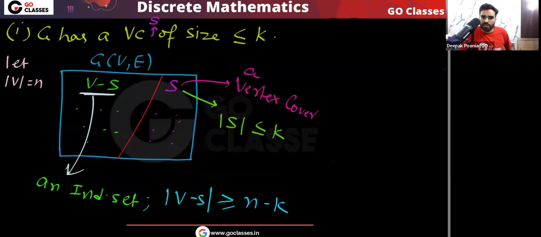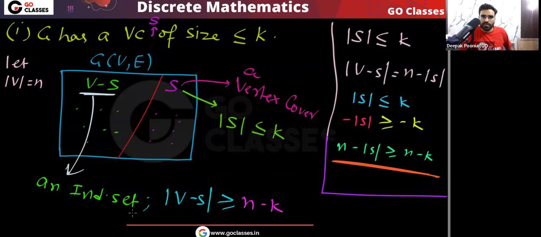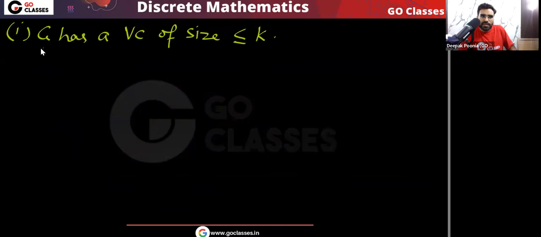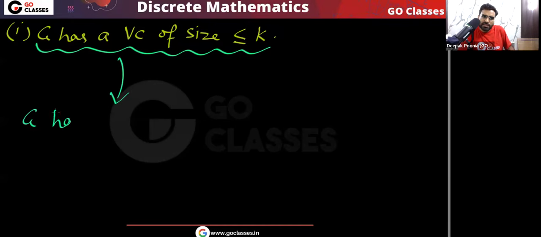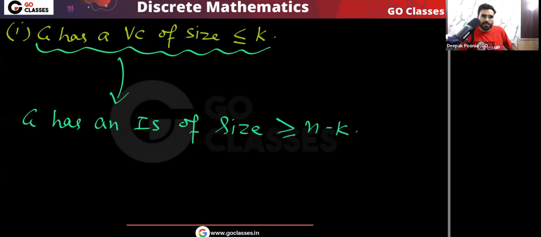Is this clear to everyone? Very simple point. We are saying that if G has a vertex cover of size at most k, then we have already proven that in this situation G has an independent set of size greater than or equal to n minus k.